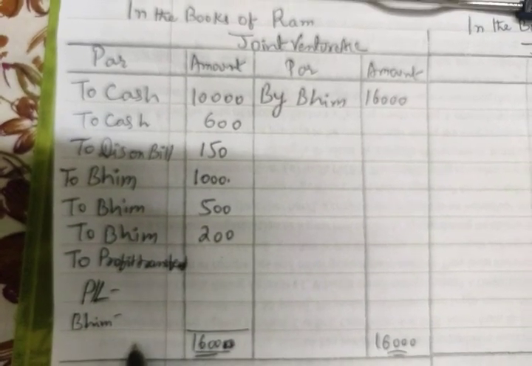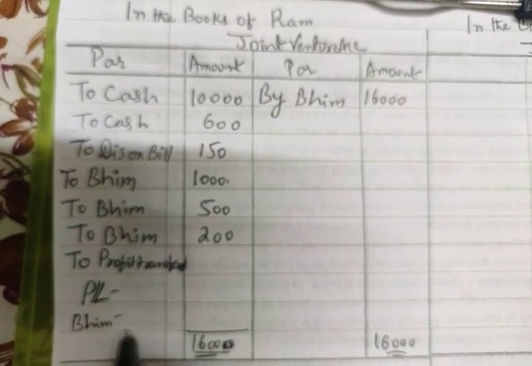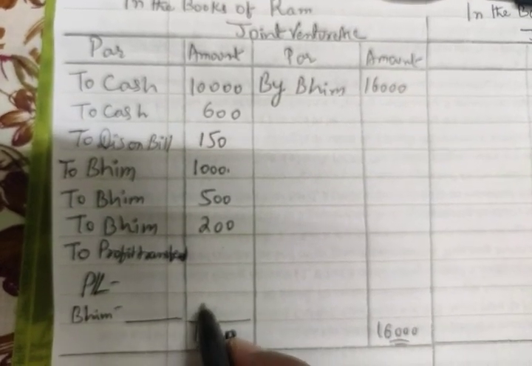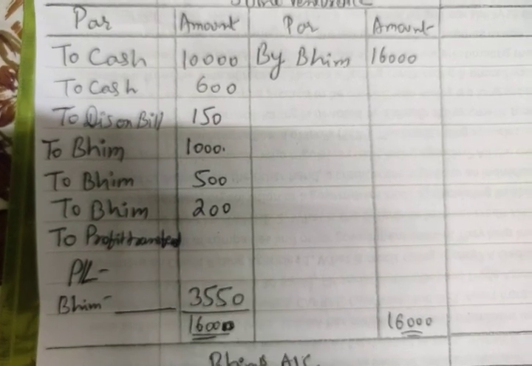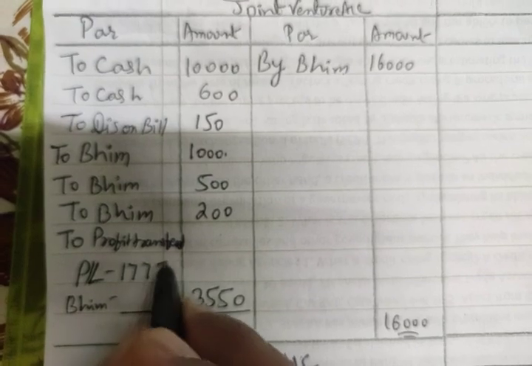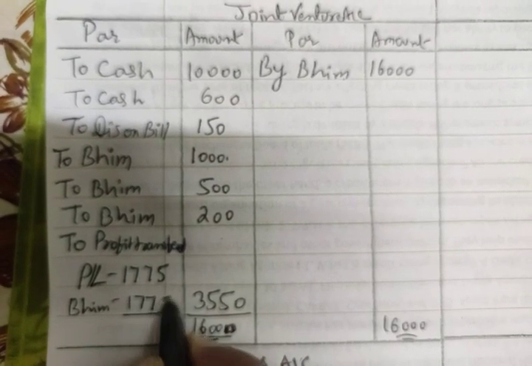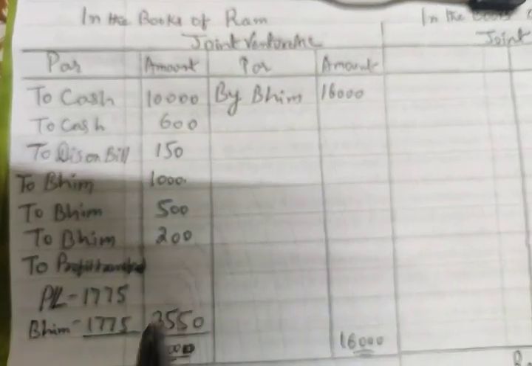The information was given in the question that they are sharing profit and loss equally. The total amount of profit is 3,550, so equally means 1,775 to each. Fine, this is our joint venture account.